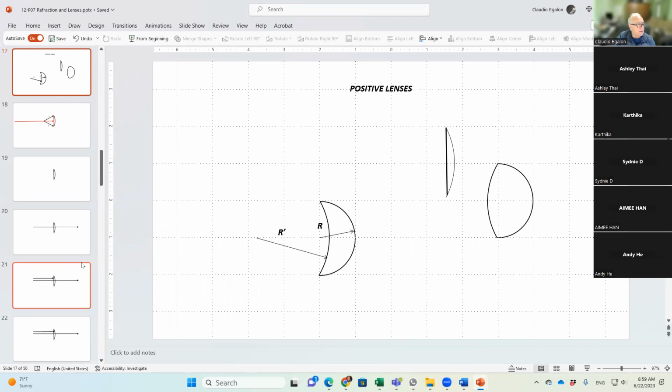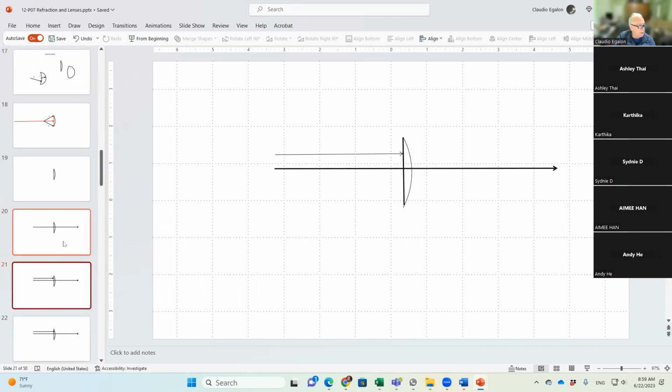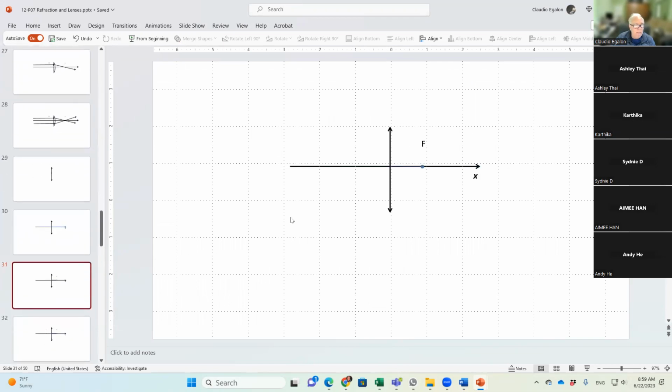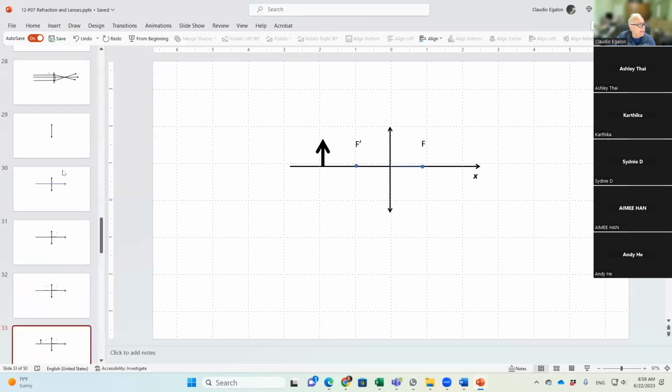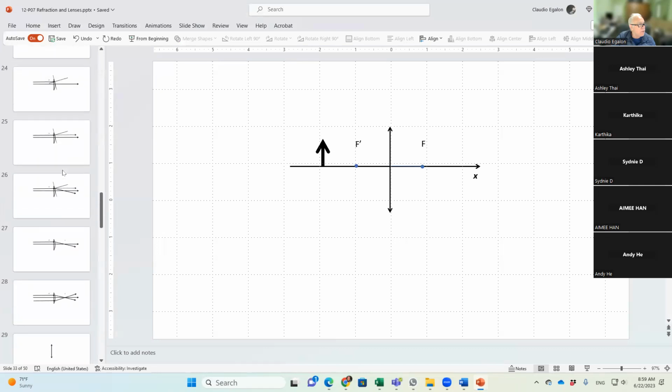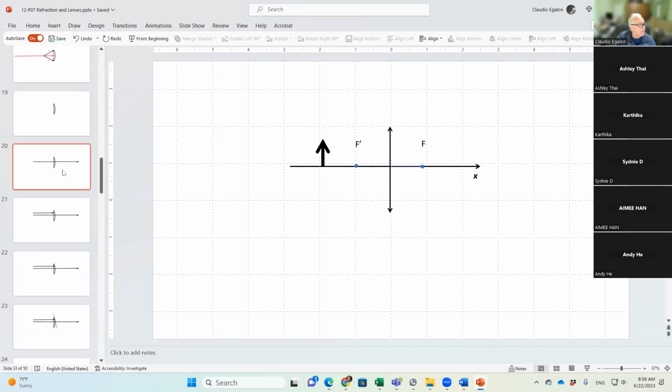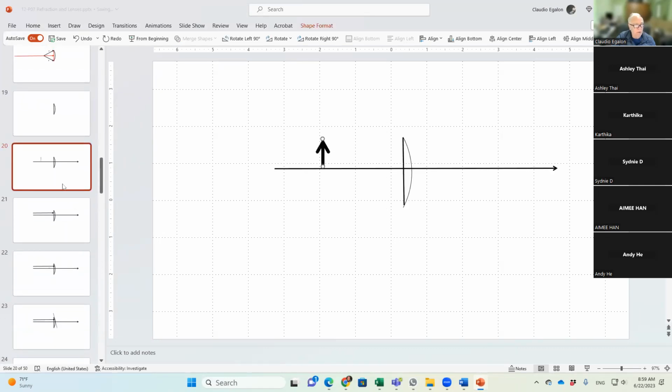Let's say we have an object that is facing the planar surface.